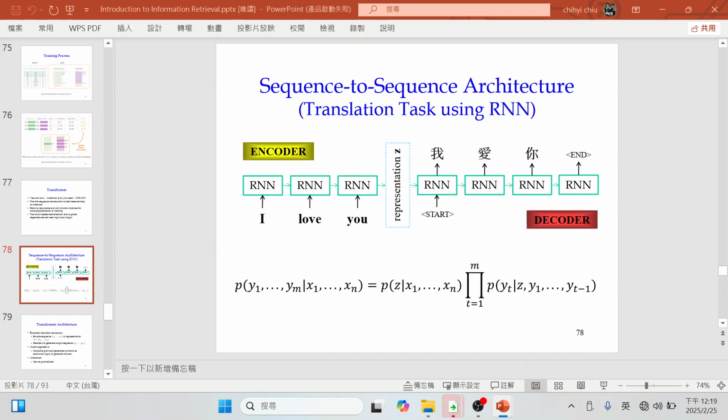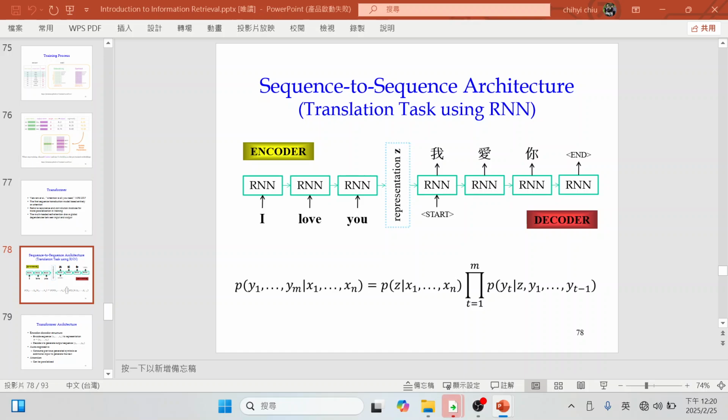Basically, for sequence-to-sequence, I give you the input, "I love you," and it is input to the encoder model. I use this input to generate a representation Z, and based on the representation Z, I output my translation result.